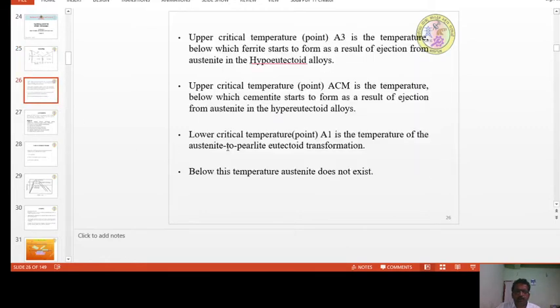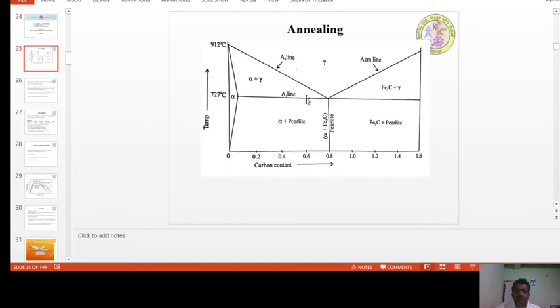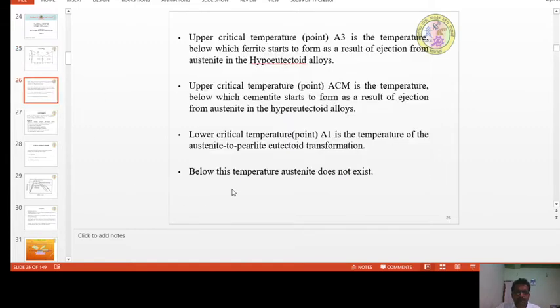And then the lower critical temperature A1 is the temperature of the austenite to pearlite transformation, where the eutectoid transformation will take place. This is the lower critical temperature, or it is also called the eutectoid temperature. Below A1, austenite does not exist, or austenite is not stable.